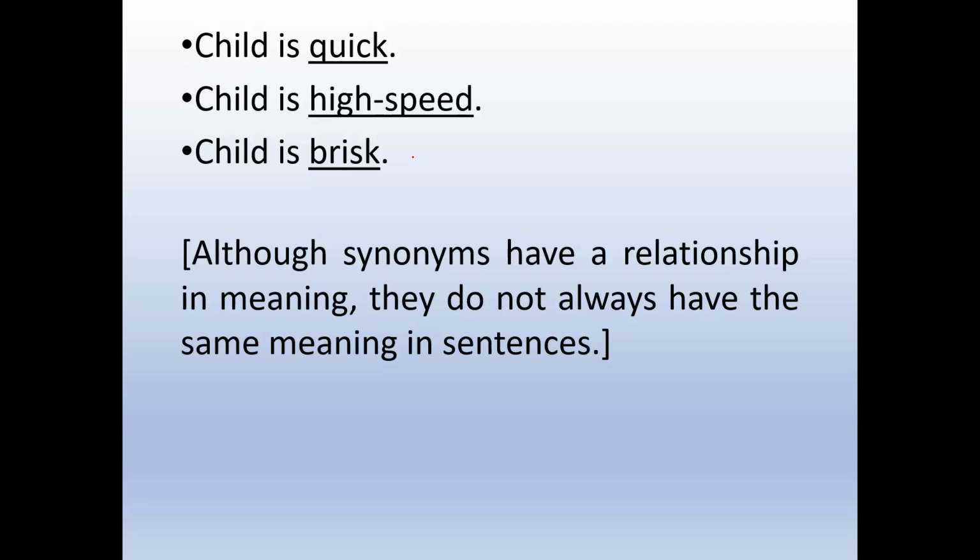Usually speed we associate with walking speed or driving speed. But quick, when you think about work, means whatever the person is doing, they are doing it quickly. That idea is associated. But when you talk about brisk, like she came in brisk or something, it's like walking, the nature of walking.